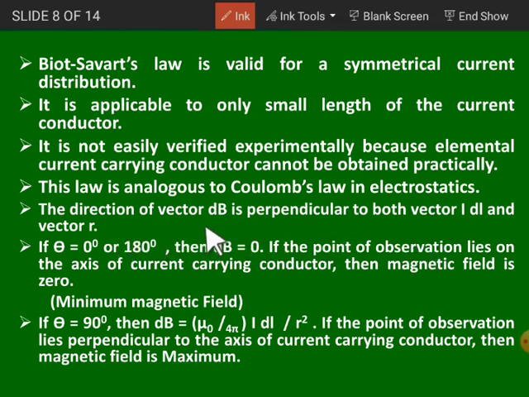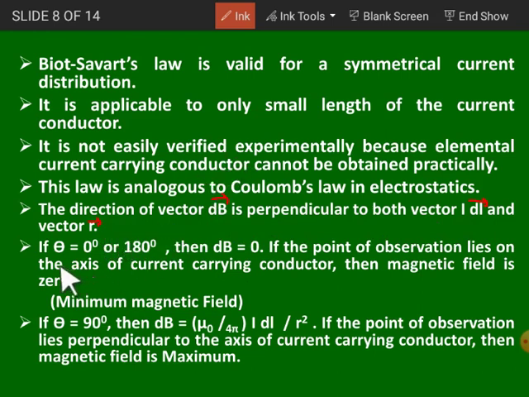Or you can also take it along a line perpendicular to the plane containing both vector IDL and R vector.